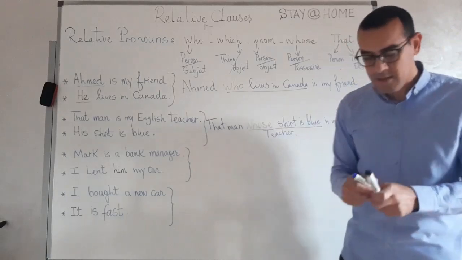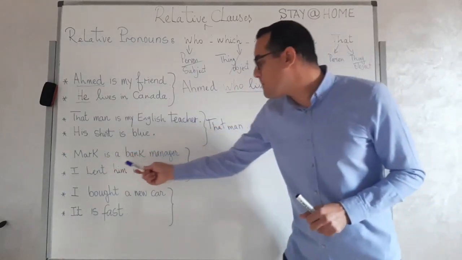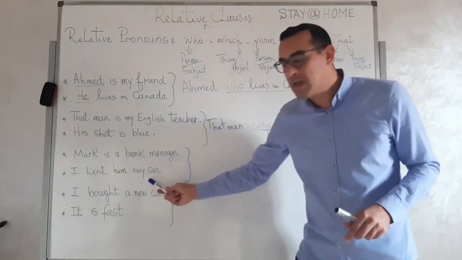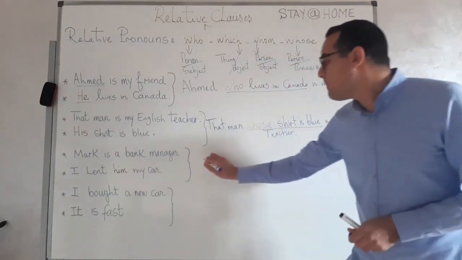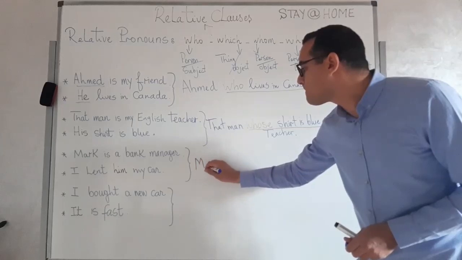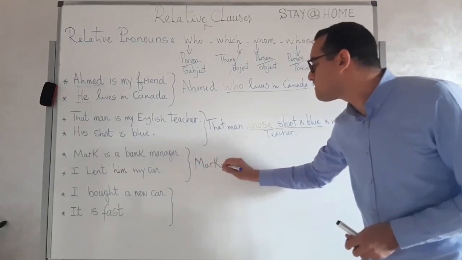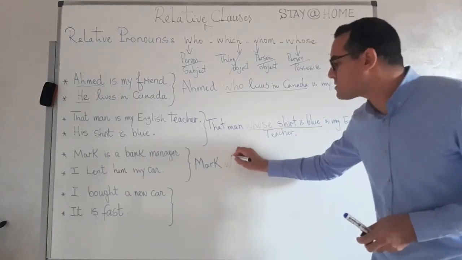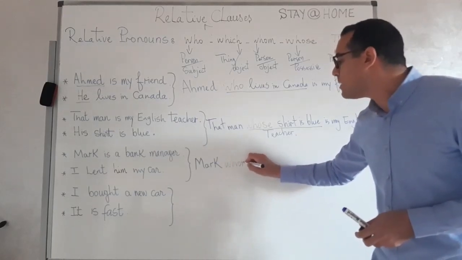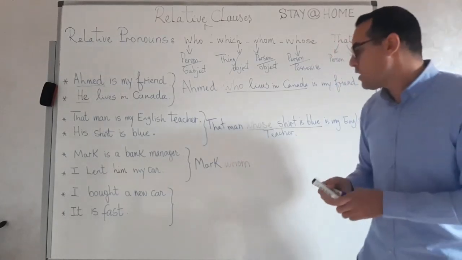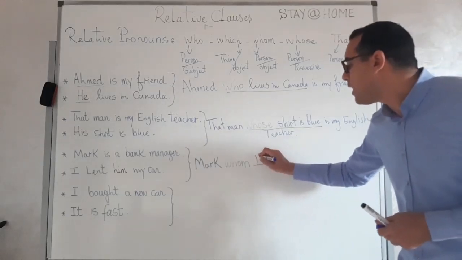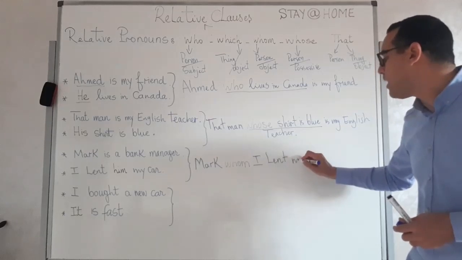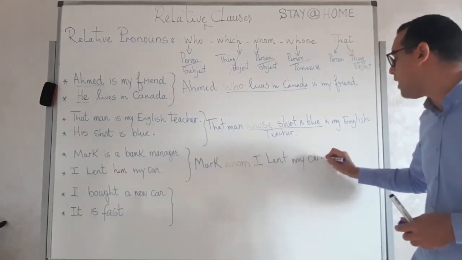Let's go to sentence number 3. Mark is a bank manager. I lent him my car. So, Mark, the relative pronoun that we're going to use here is whom. Whom I lent my car.